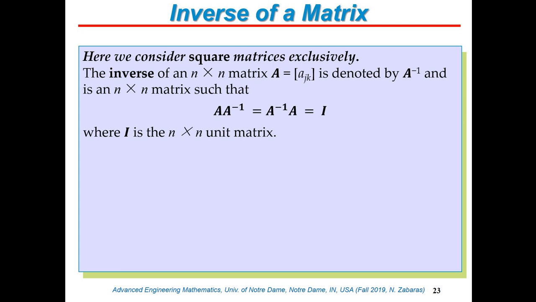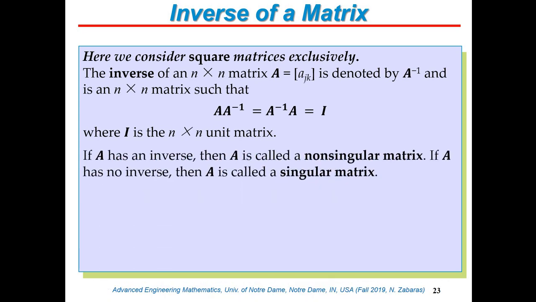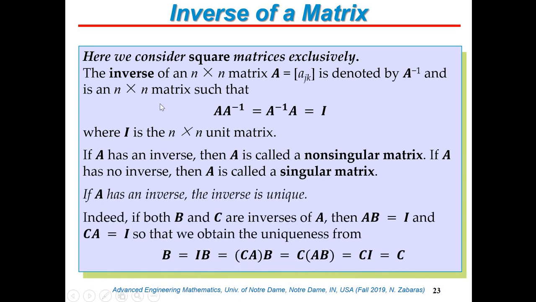So you can actually show that if the inverse of a matrix exists, this inverse is unique. And I give you a very simple derivation. If you have two inverses, B and C, of a matrix A, I'm going to use multiplication from the right using B, so AB equal to I, and multiplication on the left with the inverse C of A, CA equal to I, to show on the last equation that B and C have to be the same.